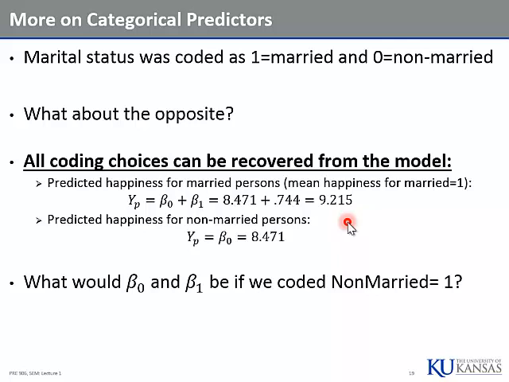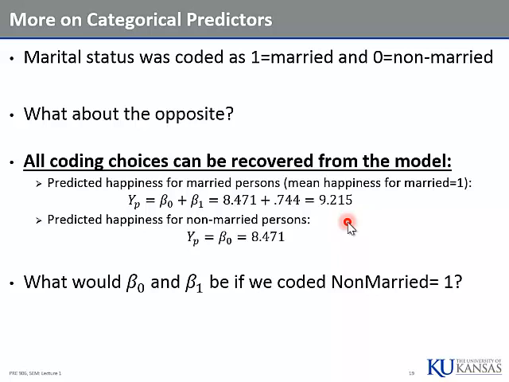Had you coded things differently, though, had we coded it with non-married equals 1, what would beta 0 be? What was that? It would be larger, but which number would it be? It would be 9.215, right? It's the mean of the reference group. And so beta 1 would be a negative 0.744.